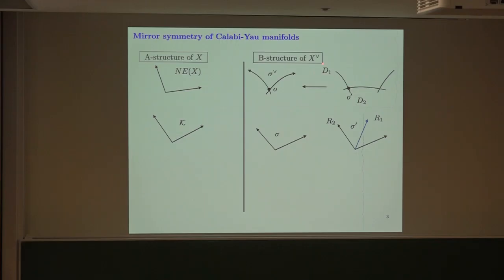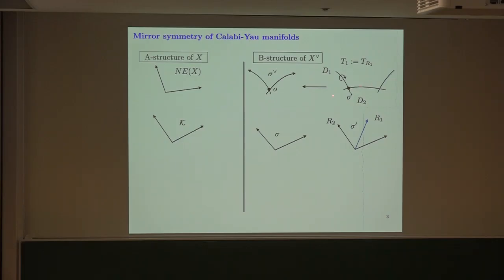R1 should be D1 for consistency, this divisor. There is some inconsistency here, but in any case, there is a correspondence between the ray generators and the boundary divisors, like this.